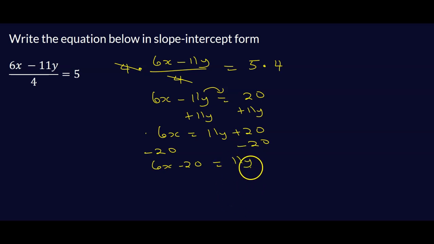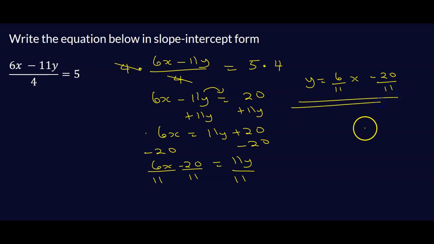I have to divide every single term in this equation by 11. So y is going to be equal to 6 over 11x minus 20 over 11. So this is your slope-intercept form.